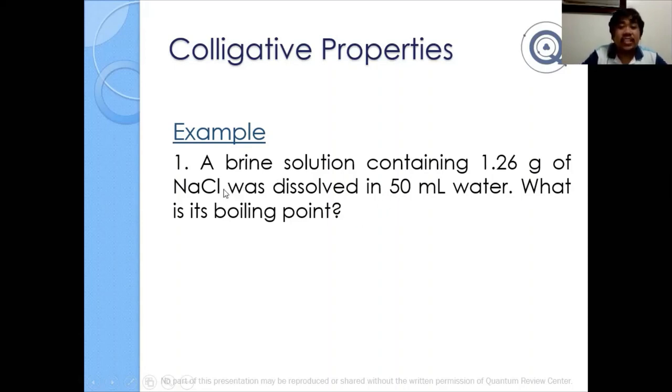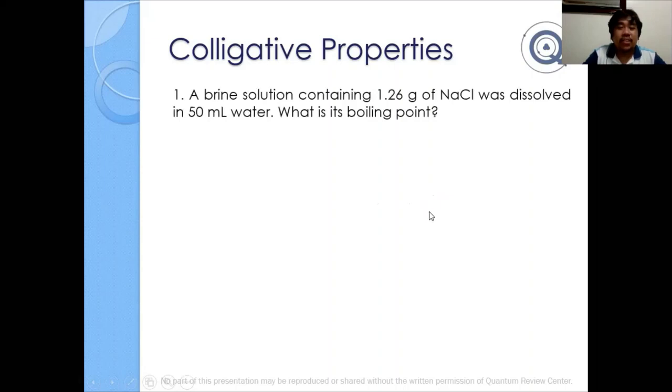NaCl was dissolved, so it's explicitly stated that NaCl is an electrolyte. Therefore, we will use the formula for the boiling point elevation of a non-ideal solution. Let's compute. You're asked to determine the boiling point. Remember this equation: TB minus TB naught, for pure water, equals i KB m.